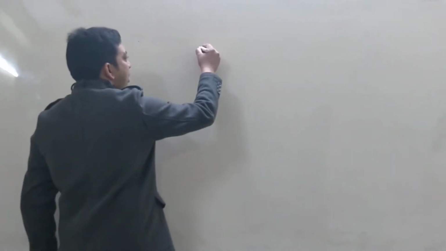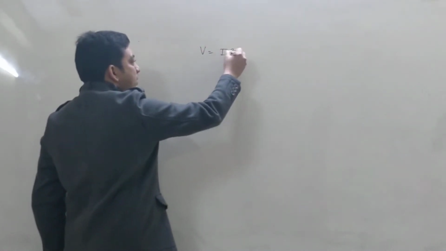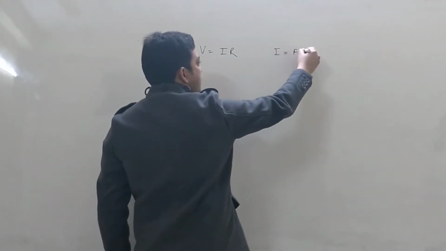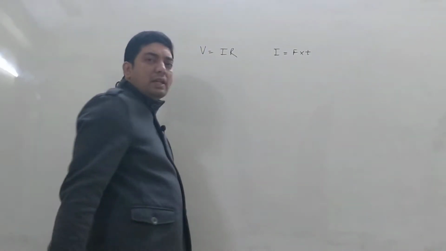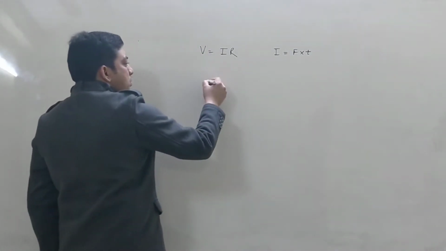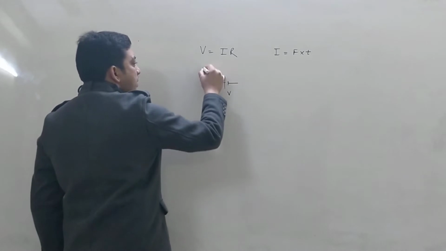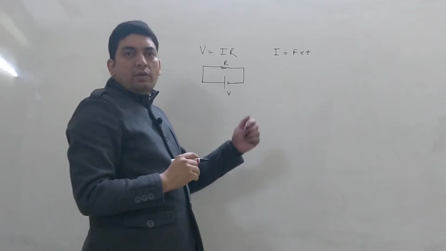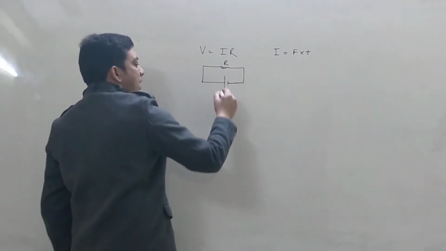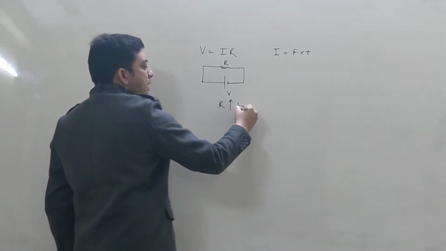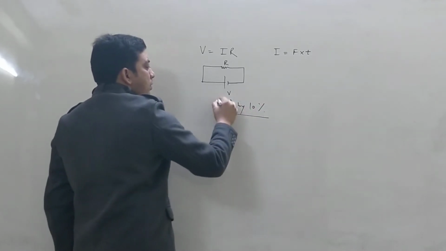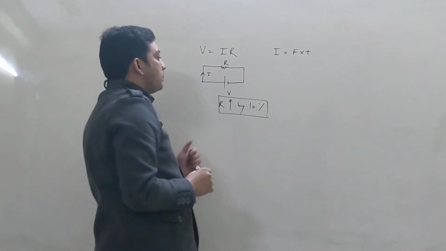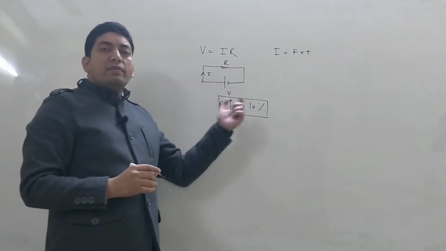For example, if we have an equation given by V is equal to IR, or an equation which is given by impulse is equal to force into time, or some equations like that. Suppose we have a battery of voltage V applied across a resistor R. Now in some questions it is asked that if the resistance is increased by 10%, how much will be the percentage decrease in the current that flows in the circuit if the potential is maintained fixed?